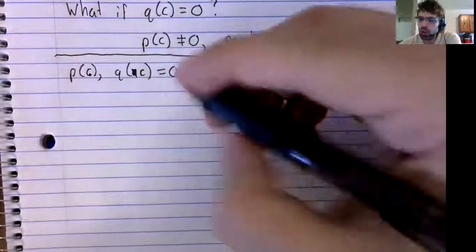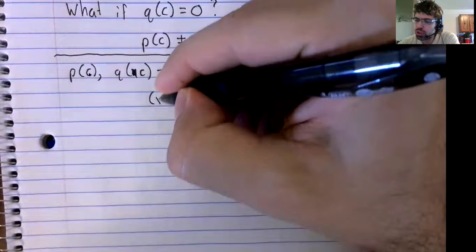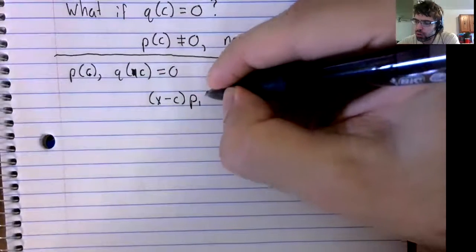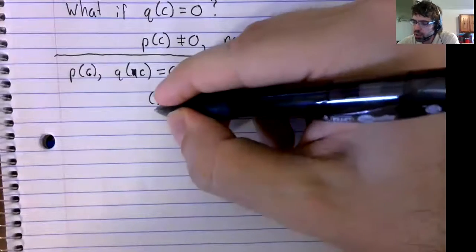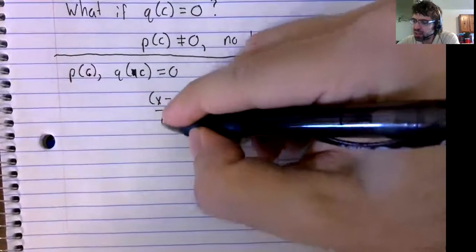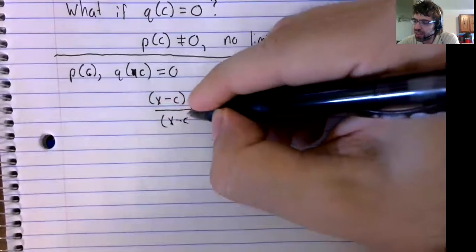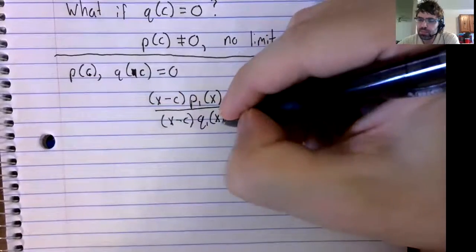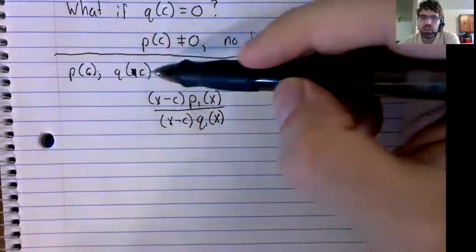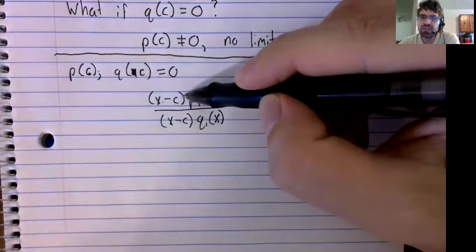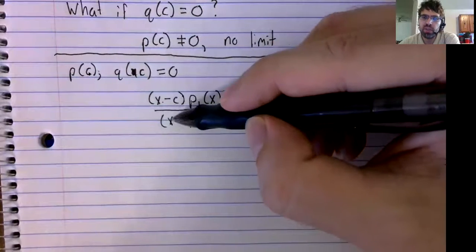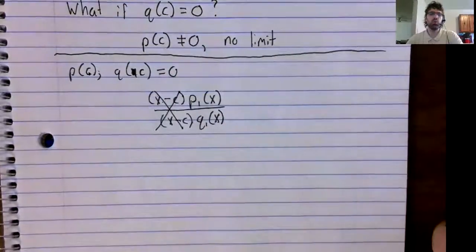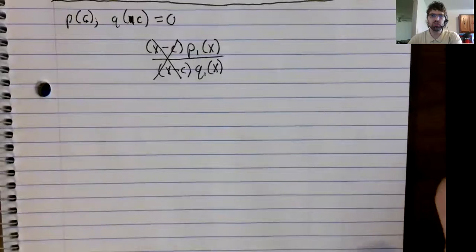If a polynomial has a root, we can factor the polynomial so that x minus that root appears. And if these are both 0, we'll have an x minus c term in the numerator and in the denominator that will be able to cancel.